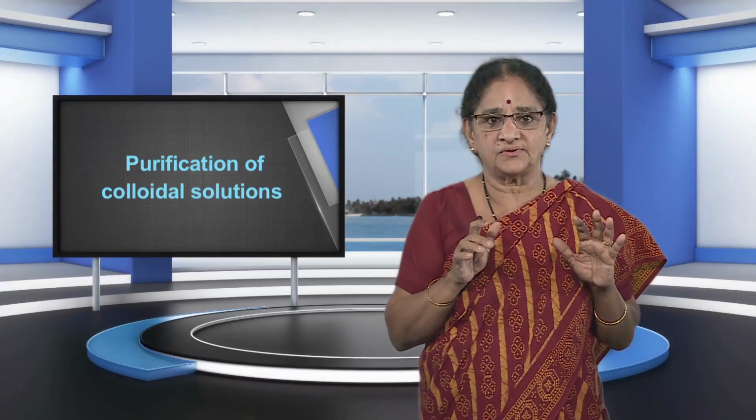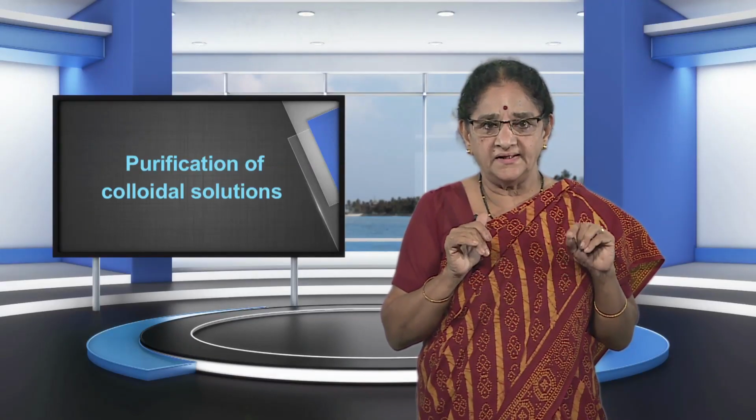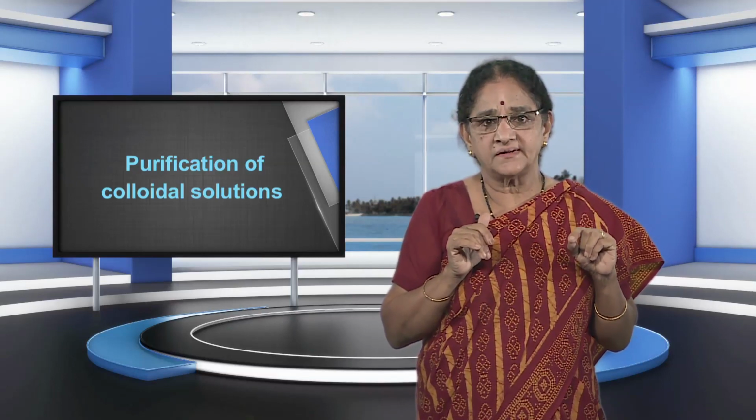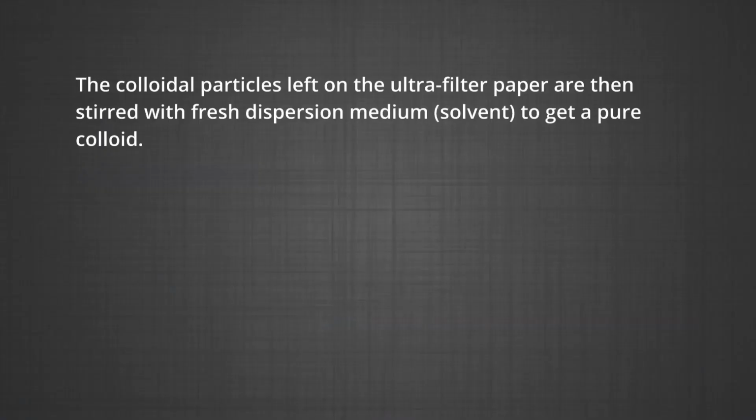Ultrafiltration is a slow process. To speed it up, pressure or suction is applied, and the colloidal particles left on the ultrafilter paper are then stirred with fresh dispersion medium, that is the solvent, to get a pure colloid.